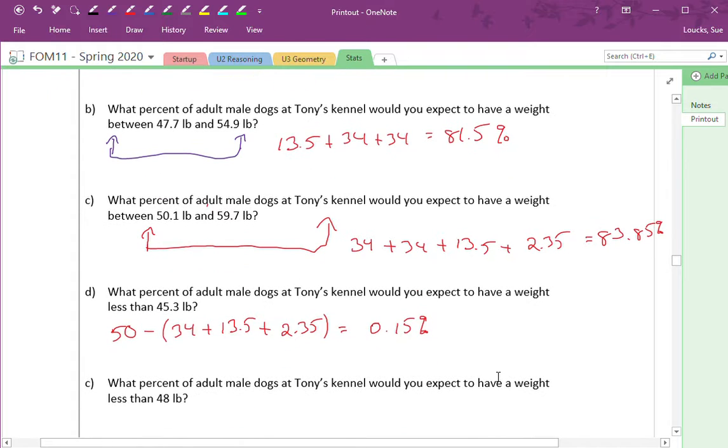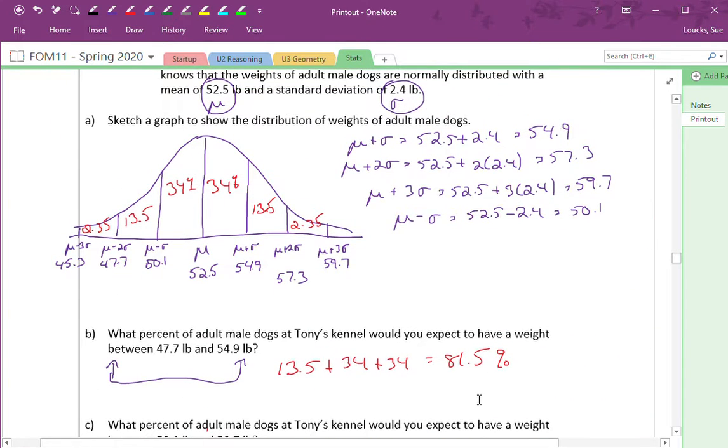What percent of adult male dogs at Tony's kennel would you expect to have a weight less than 48 pounds? Let's go up to the graph. So 48 pounds would be around here somewhere. We actually can't do that because it's not on one of the lines. From what we know how to do right now, we can only use where those lines at the standard deviations are.